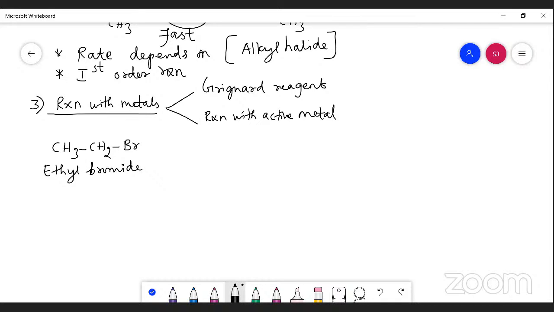Now this ethyl bromide reacts with a less reactive metal like magnesium, symbol Mg, in the presence of dry ether. We are just taking the haloalkane, mixing it with magnesium, in a dry ether medium.